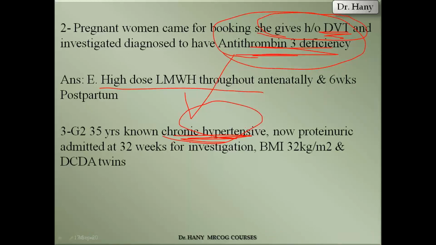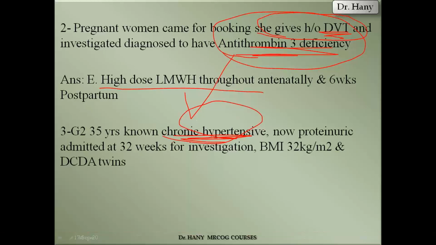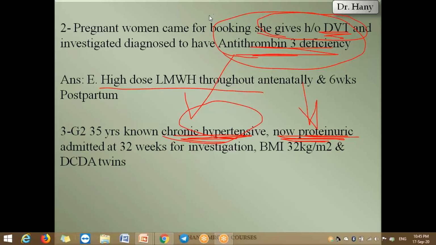Preeclampsia is scored. Excellent. So chronic hypertension alone, nothing. Now it is a superimposed preeclampsia. It scores, so we can give 1 to this now.